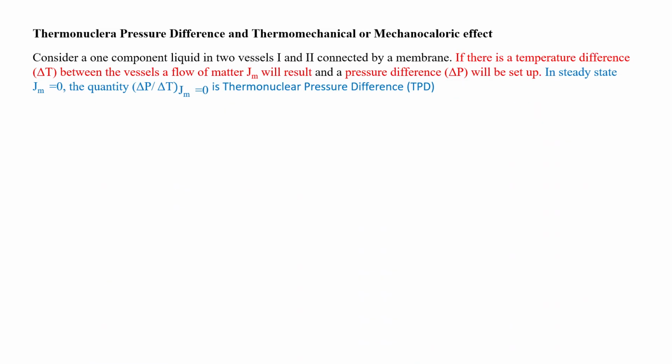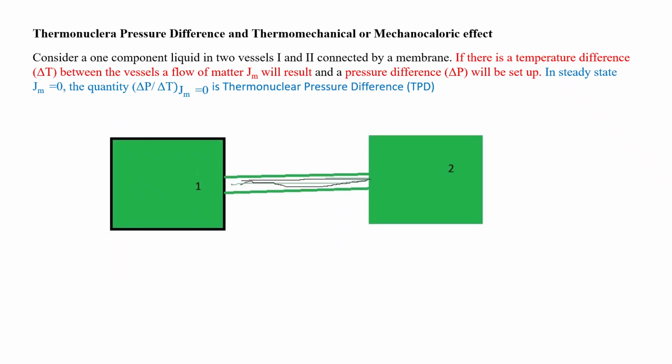Here you can see, you can consider two vessels, both having the same type of compound, the same compound maintained in two different vessels. Now if there is a temperature difference, for example, vessel 1 may be at a particular temperature and vessel 2 at another temperature.